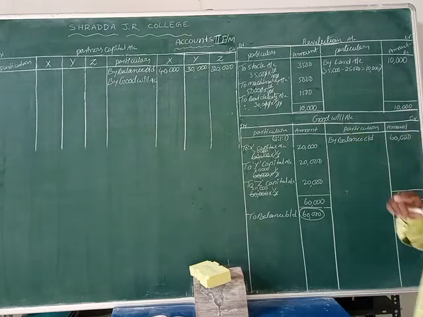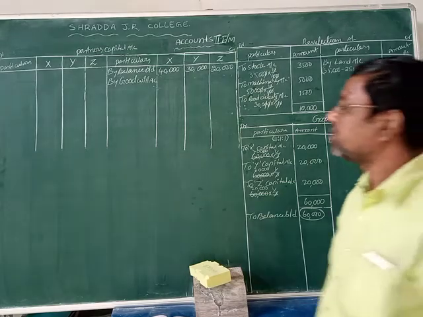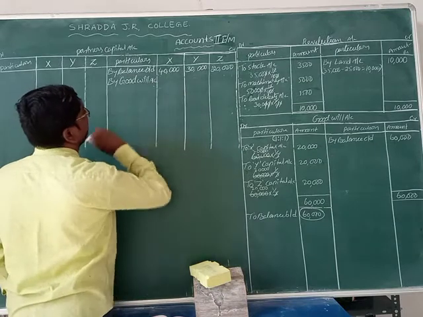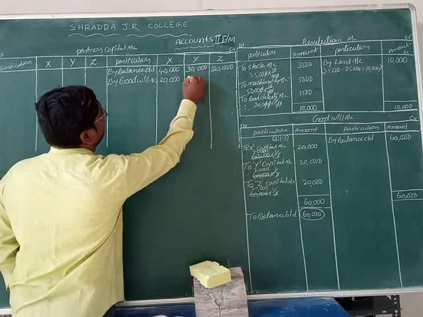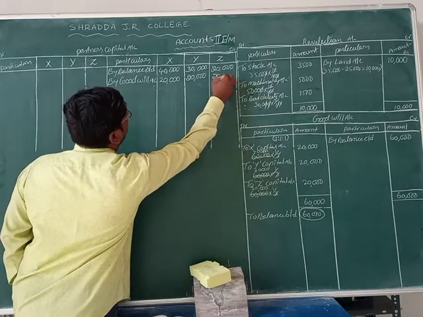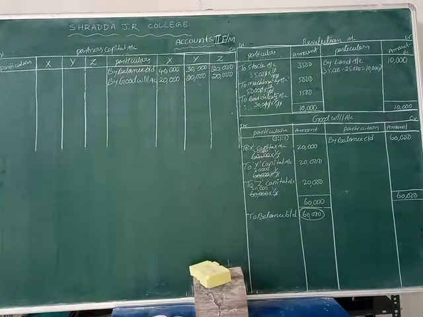Total 60,000 goodwill we can distribute to three members. That amount is 20, 20, 20. We can record that amount in the partners' capital accounts on the credit side. Here is 20,000 rupees, and here is also 20,000, and Z also has 20,000 rupees. That is the goodwill value.